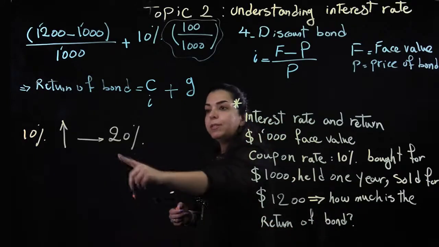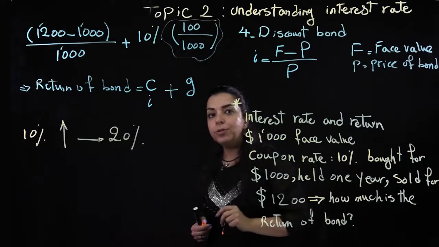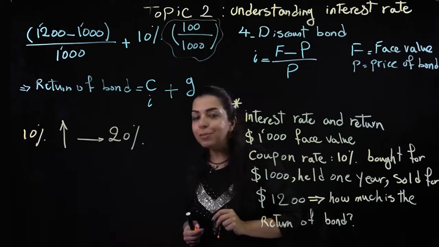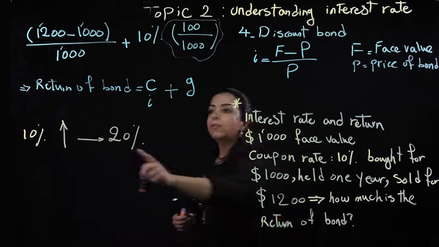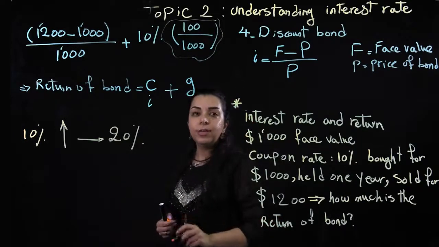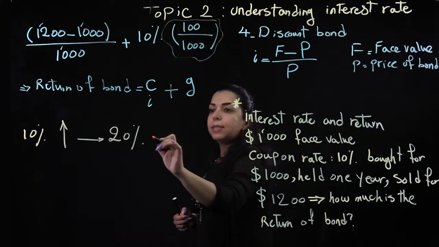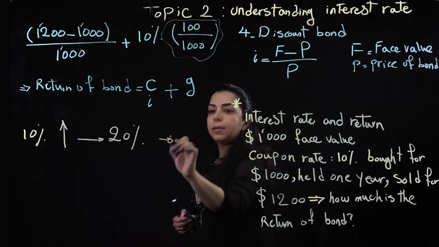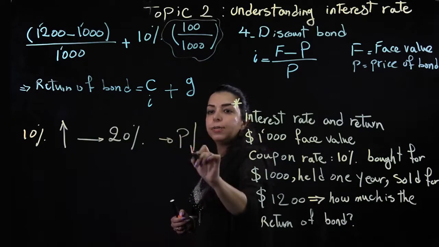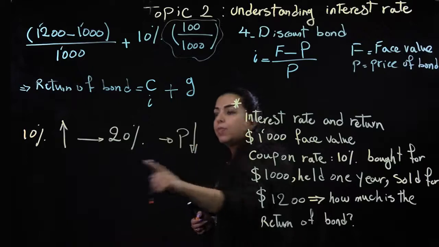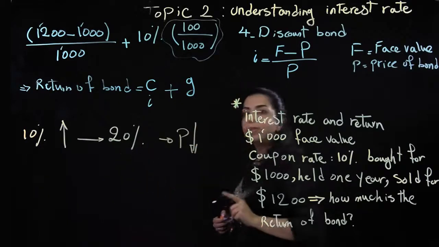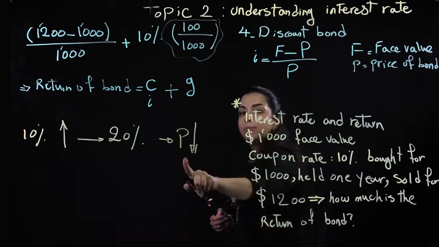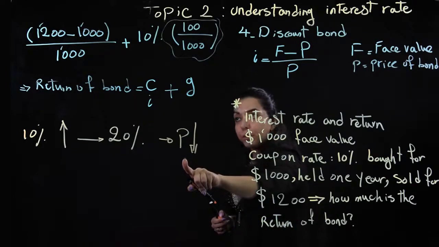If you remember, we discussed that there is an inverse relationship between yield to maturity or interest rate and the bond price. So once the interest rate is increasing, it means that the bond price is decreasing. Decrease in bond price, specifically in a situation that there is a huge increase in interest rate, so we expect a huge reduction in the bond price.